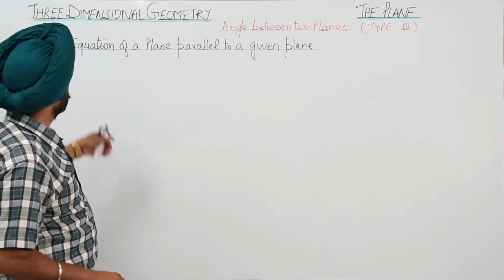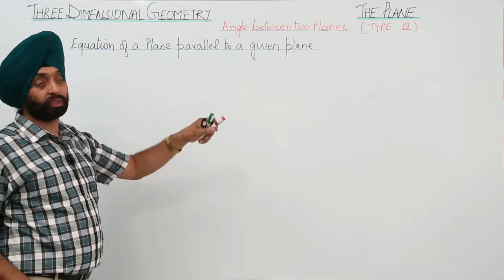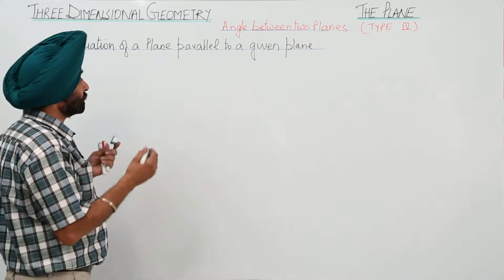Type 4 is the equation of a plane parallel to a given plane. Okay. So now let's find what the equation is.